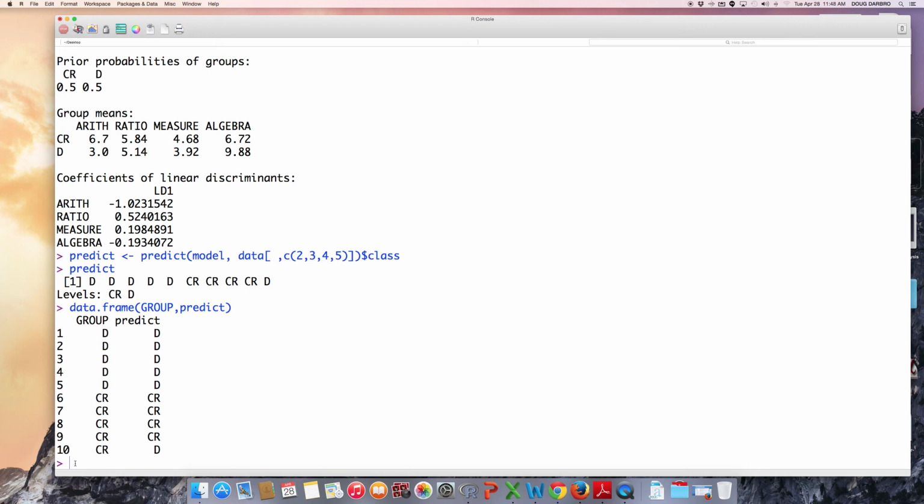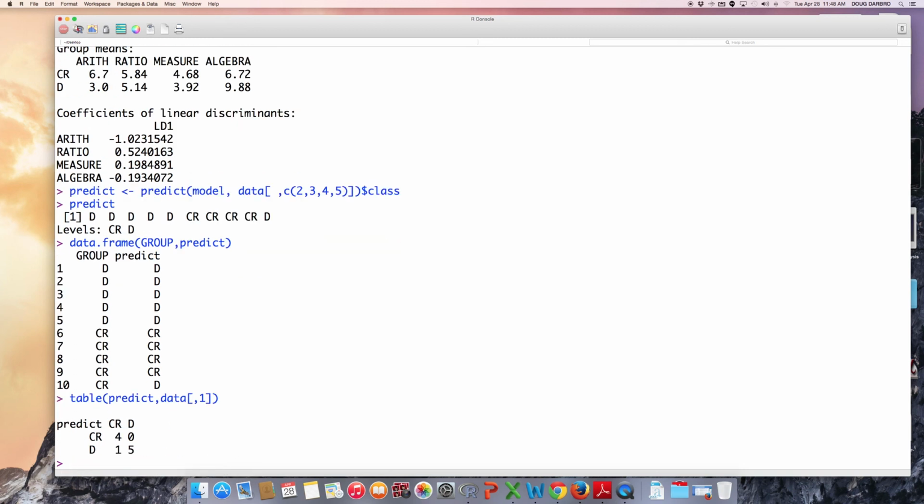But imagine having a situation where you had a large data set, maybe 1,400. A way to look at the output would be to take the predict and then take our data and focus that solely on the first column, which is the group.